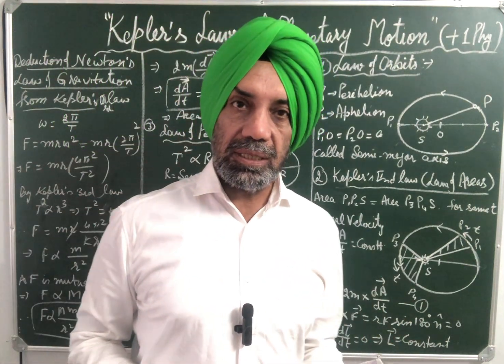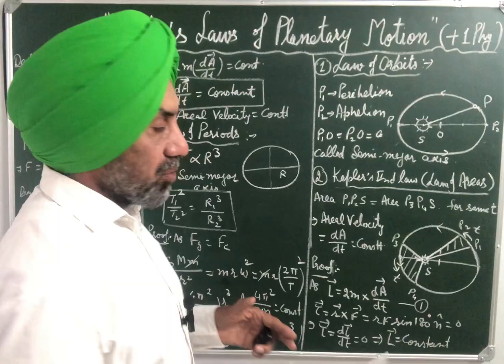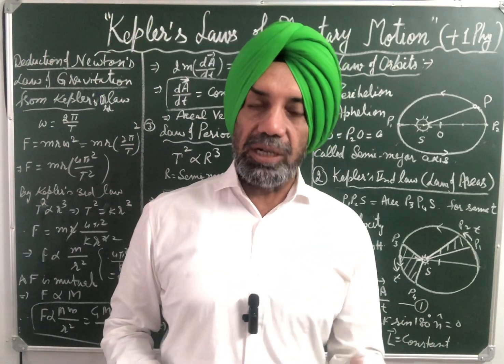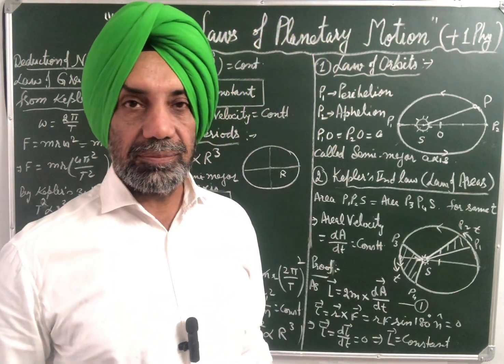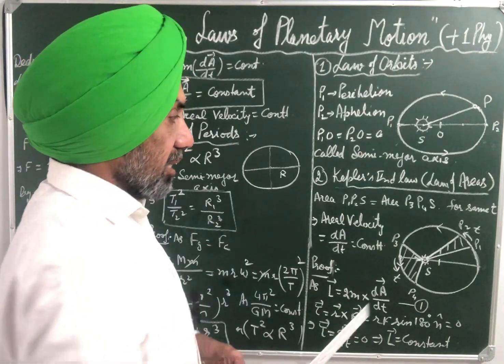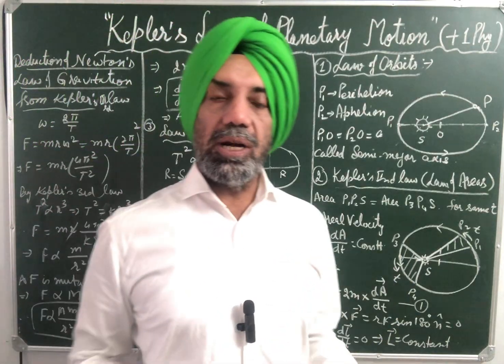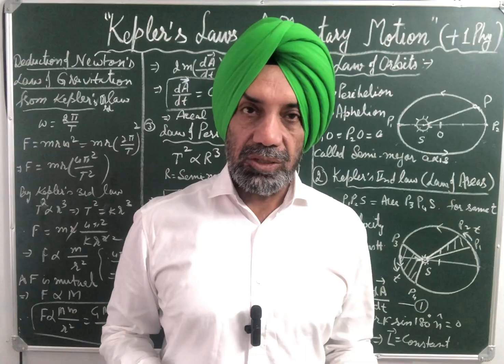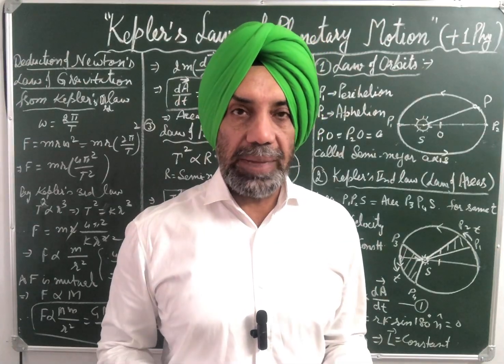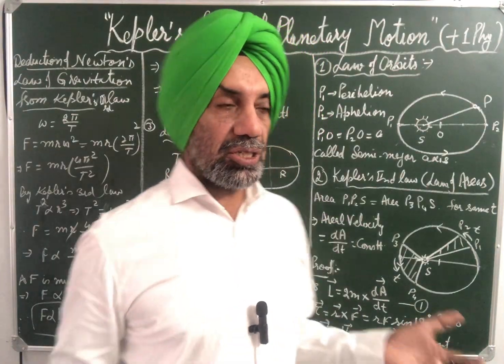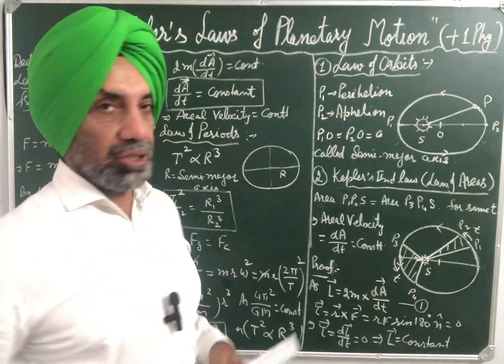In other words, the radius vector sweeps out equal areas in equal intervals of time. And this area swept out per second is also called aerial velocity. So in other words, aerial velocity remains constant. So this is Kepler's second law of motion.